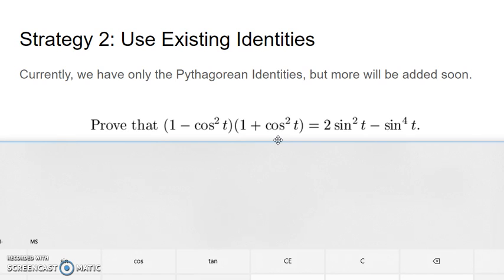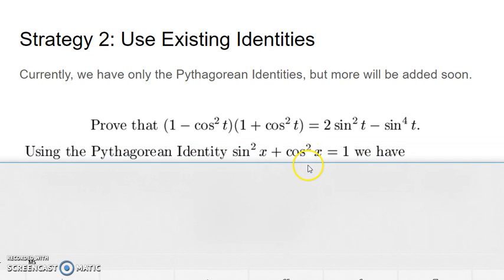I have a Pythagorean identity for 1 minus cosine squared, but not for 1 minus cosine to the fourth. So that's not really panning out. And for this side, the 2 sine squared minus sine to the fourth of t, I guess I could factor out a sine squared, but I don't think that's going to get me anywhere closer to where I want to go either.